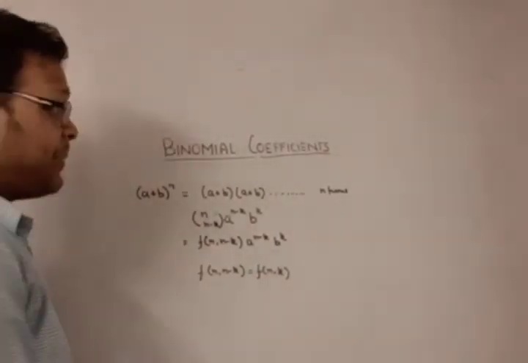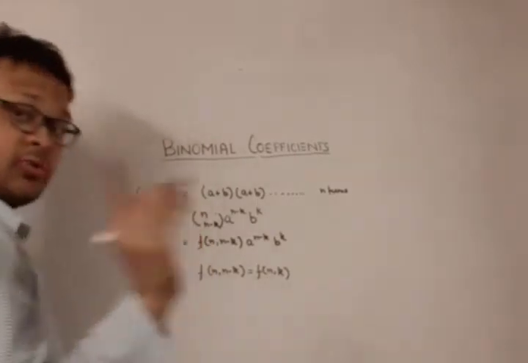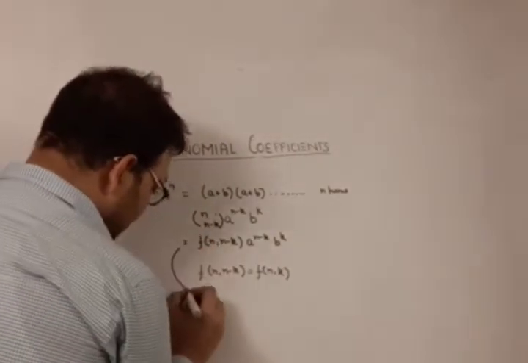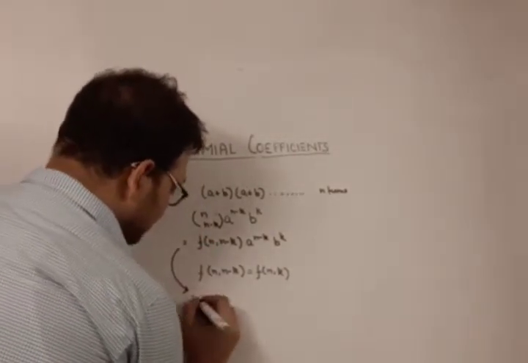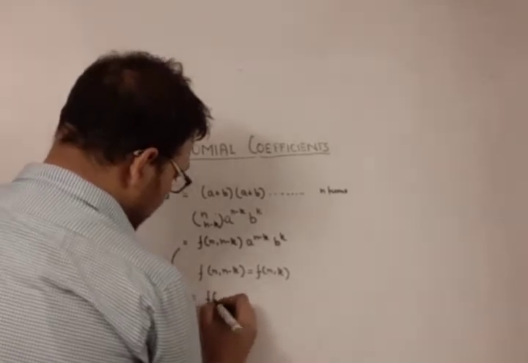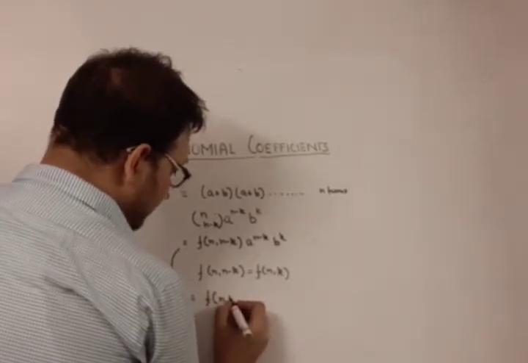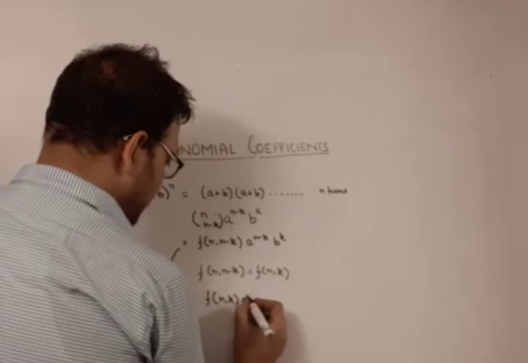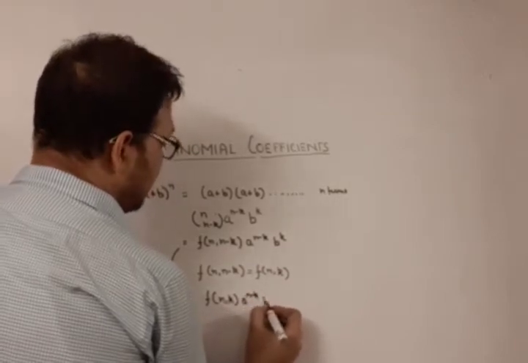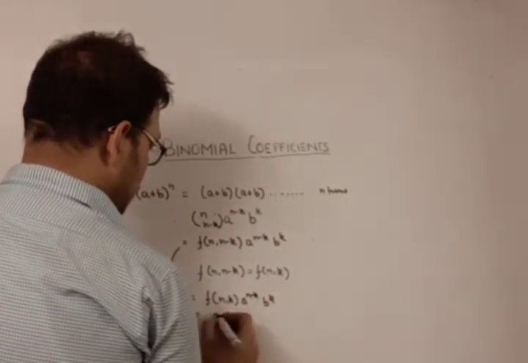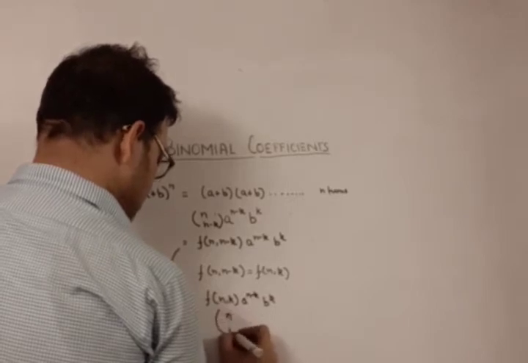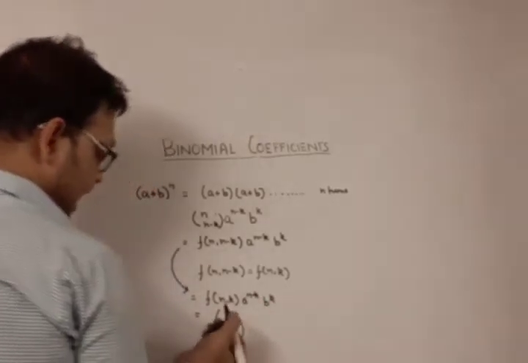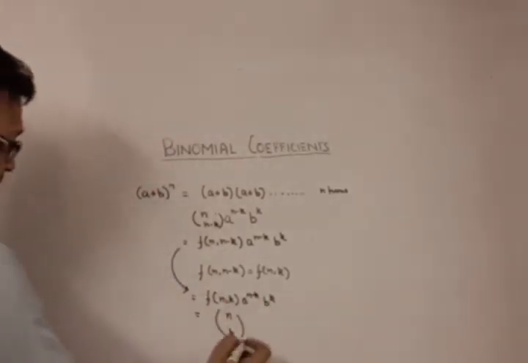So I hope the property of the choose function is clear by now. So from here I can directly write f of n comma k, a power n minus k, b power k. So n c k, what we write as n choose k, this was the notation chosen for our choose function.